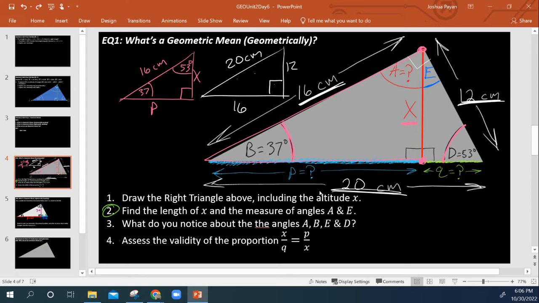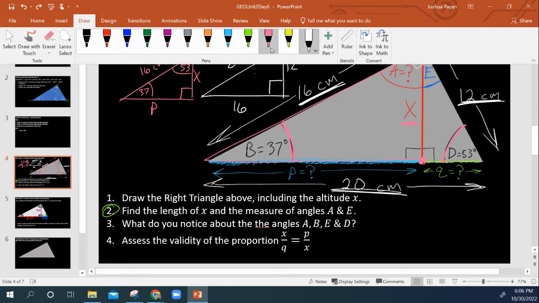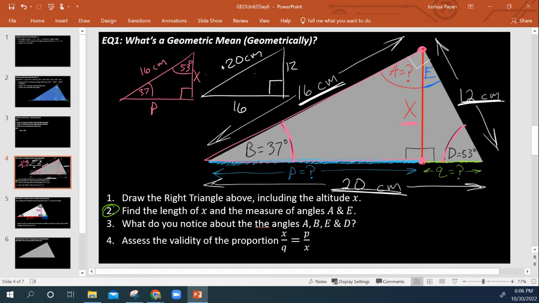So first, let's use it to find the missing altitude here. All we're going to relate is hypotenuse to short leg is as hypotenuse is to short leg. So right here and right here. So 16 is to X as 20 is to 12. And I can go ahead and reduce 20 over 12 by 4. That's going to give me 5 over 3, which gives me much friendlier numbers to use.